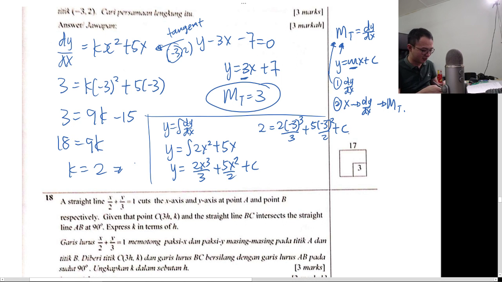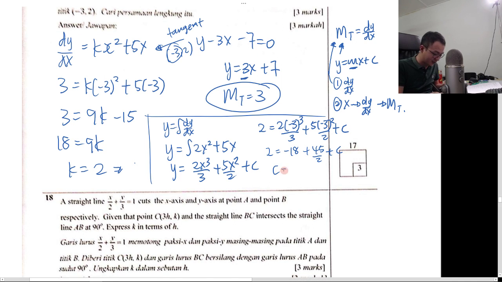Yeah, but it's very long here. So -27 times 2 will be -54 divided by 3, which is -18. This is -18 plus 45 over 2 plus c. So 45 over 2 minus 18. Okay, so 2 minus my answer.